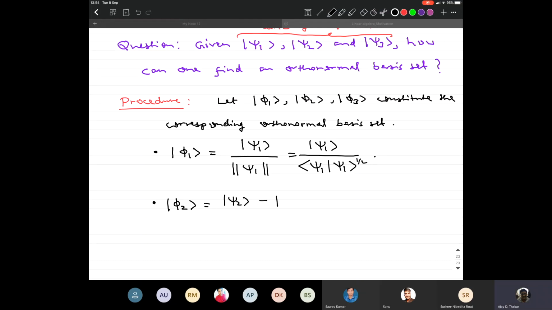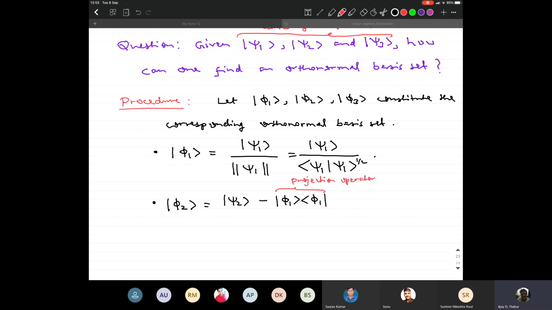So you have to write down a projection operator of phi1. We will introduce this; right now we are just claiming that this is called the projection operator.